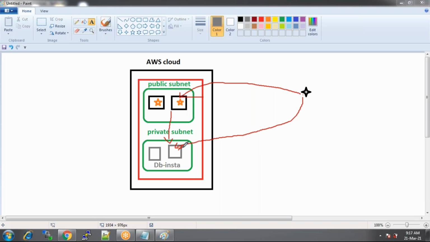Yesterday we created an RDS database. Yesterday I was able to log into the database using MySQL Workbench, since that was a public database.